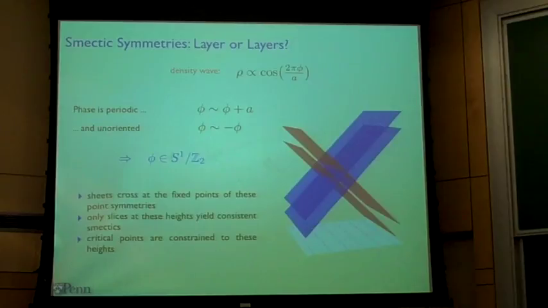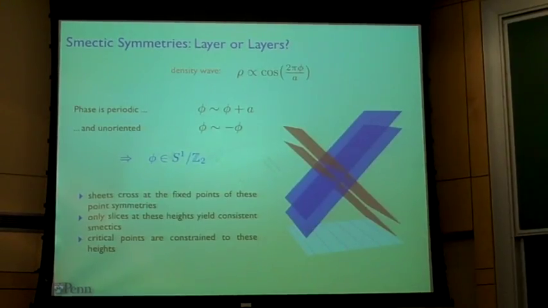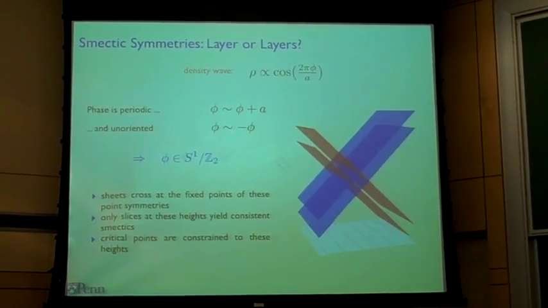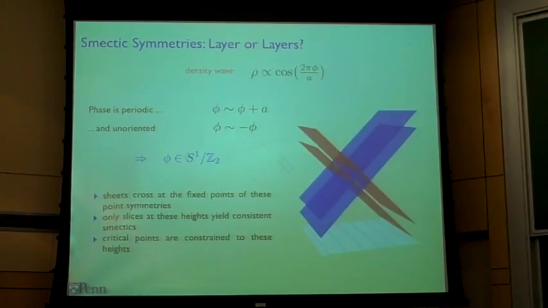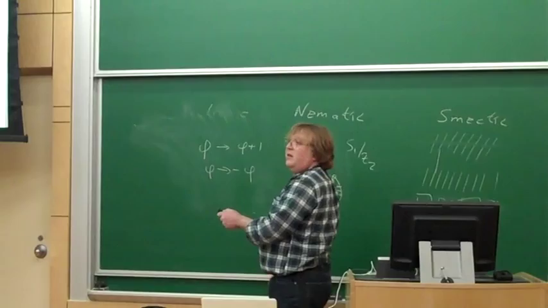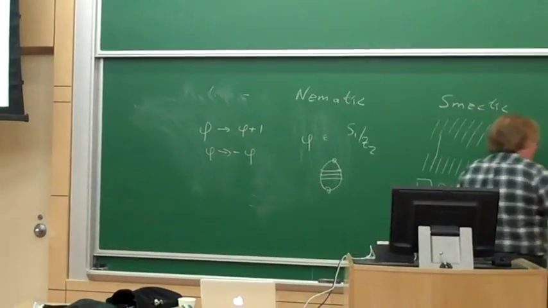So phi actually lives on S1 mod Z2. But it's a funny mod Z2. It's not RP1, right? It's S1, there are fixed points, where I identify things across. This and this are identified, and then there are these 2 fixed points. Those fixed points control where these layers can cross. Right? Otherwise, I don't have a nice description.